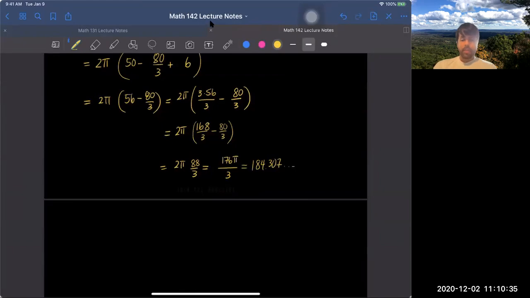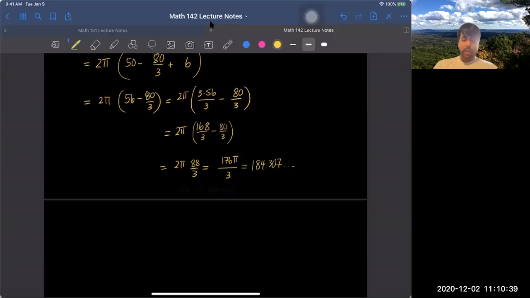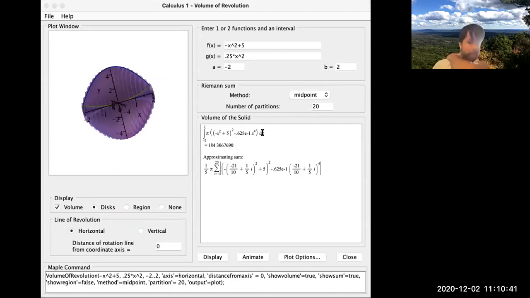And if you don't believe me, good thing we have Maple. And what does Maple say? Maple has this integral here, which is very much what we have, but I don't know where that e comes from here. Oh, because it's probably truncated here. And then this is the exact volume of the solid. So we pretty much got the same thing. Okay.